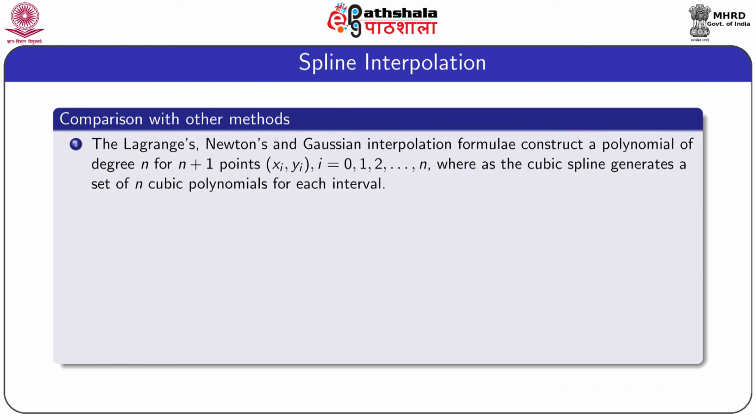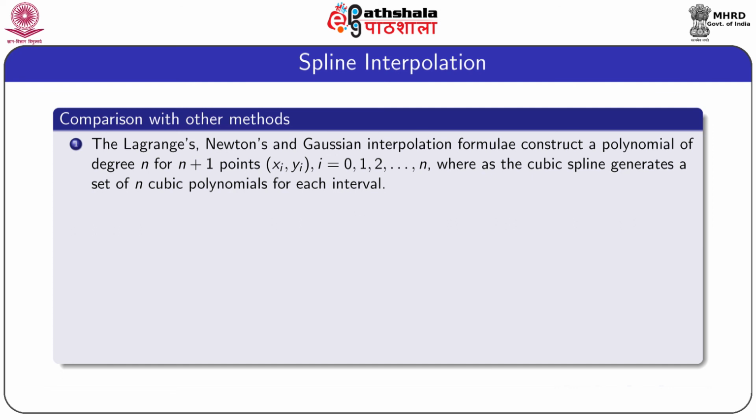But for cubic spline interpolation, we can mention some important points. In the Lagrange, Newton's and Gaussian interpolation formulas, including Stirling's and Bessel's, we construct a polynomial of degree n for n plus 1 points, whereas the cubic spline generates a set of n cubic polynomials, one for each interval.